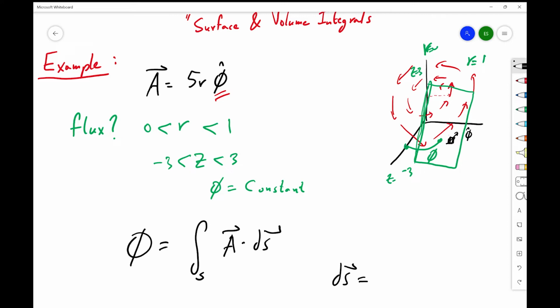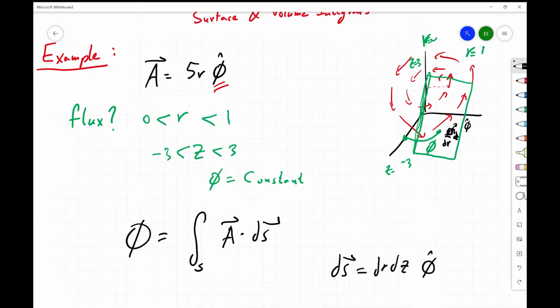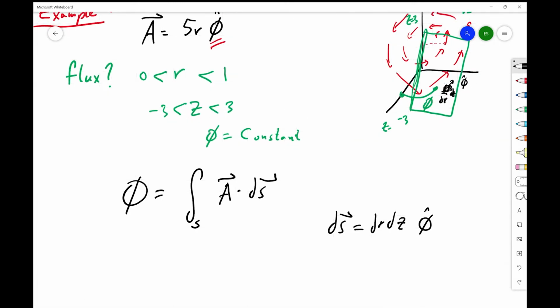But any small surface element on the sheet of paper is always going to be pointing towards phi hat. So the vector dS is just going to be, and what are the sides of this small element? It's going to be dr dz, since phi is not changing. So this is going to be dr dz phi hat. It's a simple surface element. It doesn't have 3 components, only 1 component. So we can easily do the dot product.